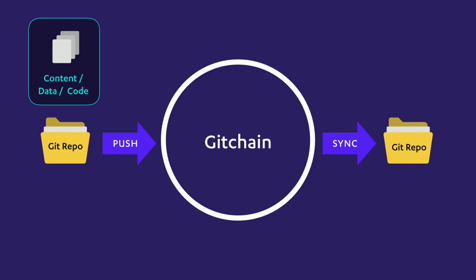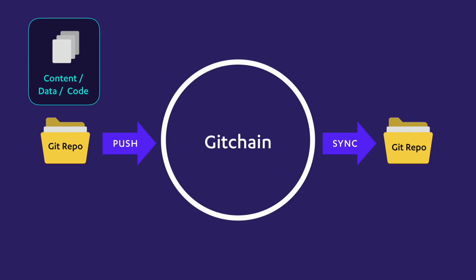I hope I have convinced you that almost anything that is a file can be managed in a Git repository. This is content in HTML or JSON, data in CSV or JSON format, and certainly code, JavaScript, markup, and configuration files.